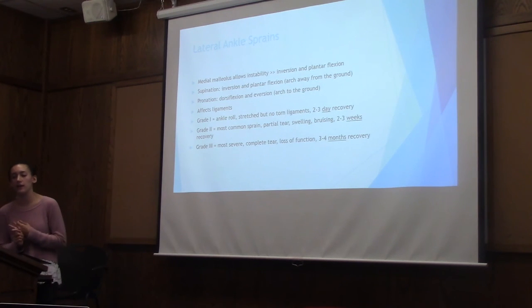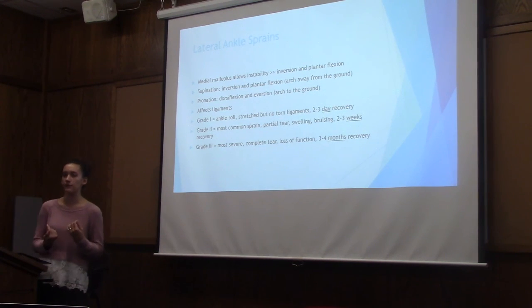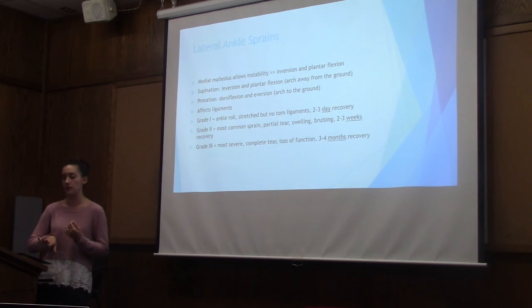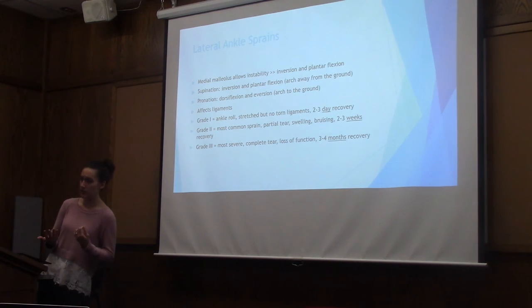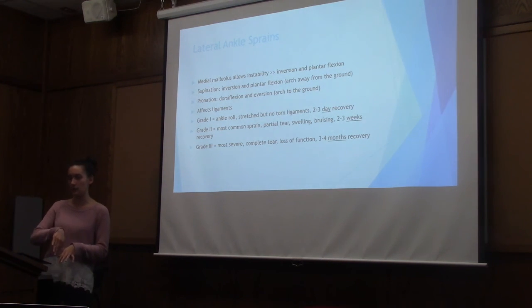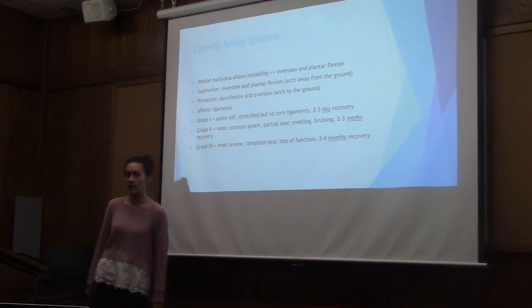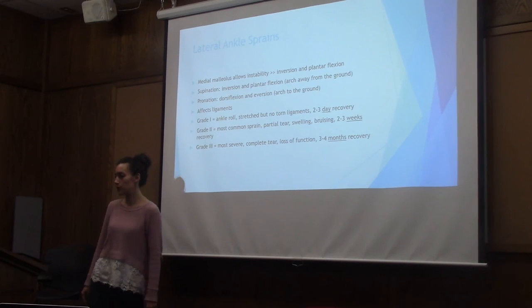It's easy to think about: supination is your arch going away from the ground, and pronation is you're trying to push your arch to the ground. So supination, you're inverting and plantar flexing, so your arch is going up. Pronation, you're dorsiflexing and everting, so you're trying to push the medial arch to the ground. That helped me a lot with understanding those.